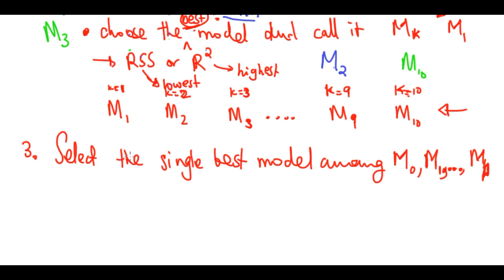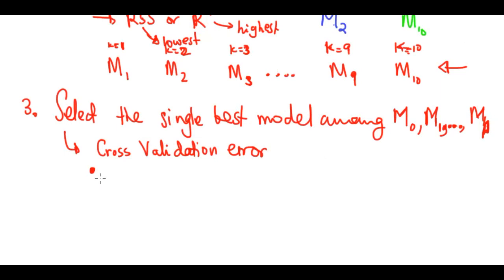You are going to use cross-validation. We discussed that in the previous video. We are going to use cross-validation error, or you can use what we are going to discuss later. There are some methods we are going to discuss in this same chapter.